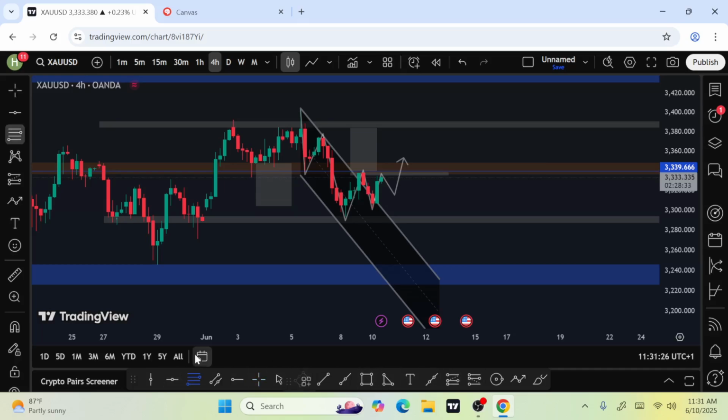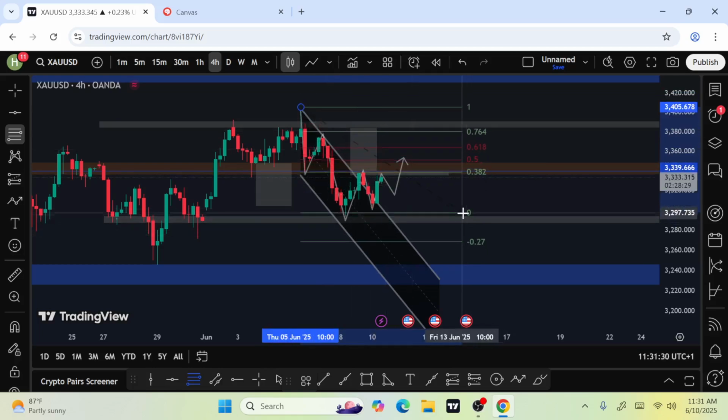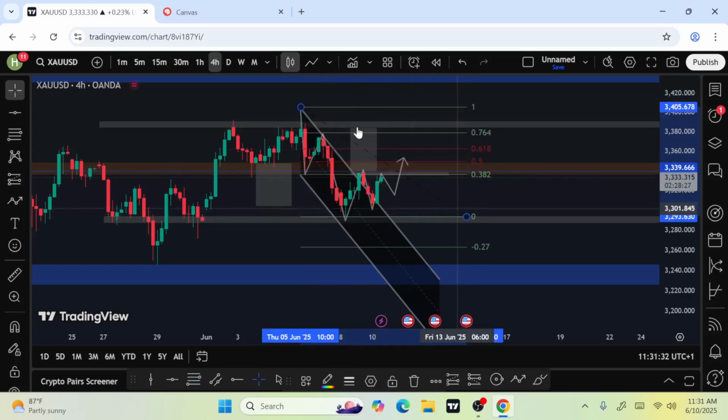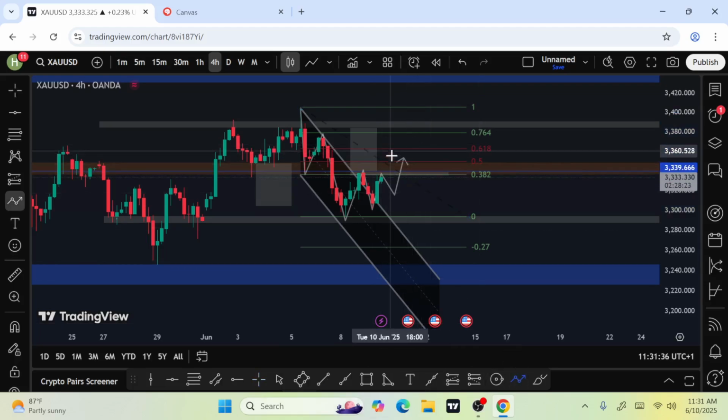Where's my Fibonacci? From here, entirety from here to here, for price to now come in between 50 before we now get another sell to the downside. That is if we now get here and see market sentiment. You understand? This is still hypothetical.